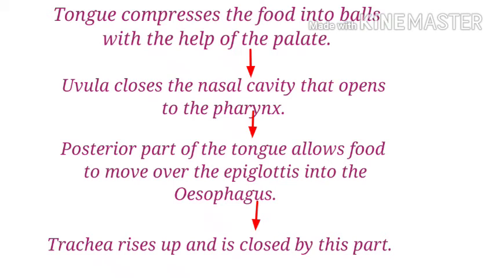So when the food moves from the pharynx, the epiglottis closes the trachea and the food moves over the epiglottis to the esophagus. This is how the food gets moved from the mouth to the esophagus.